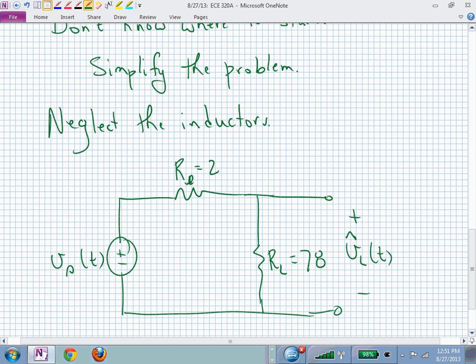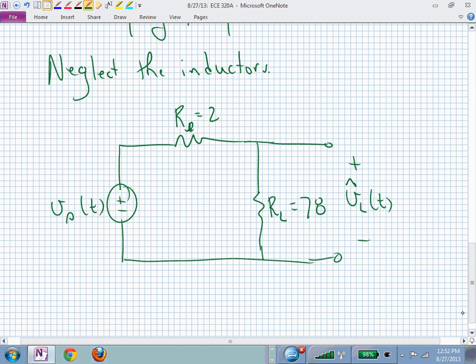And now can you solve the problem? Now is it easier? Now do you have a feel for what's going on? What's happening in this circuit? It's a voltage divider, isn't it? You now have, and is it really getting divided down much?